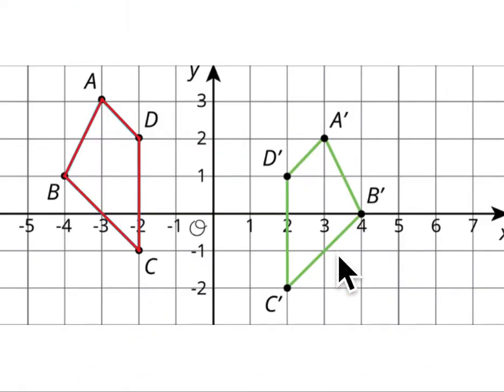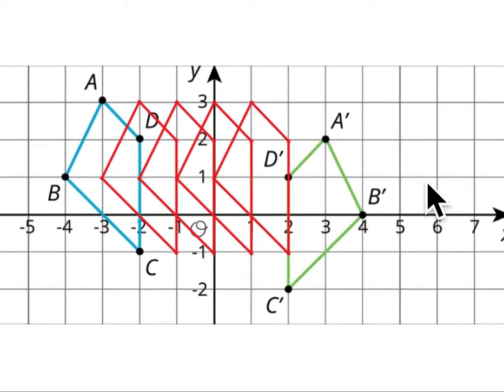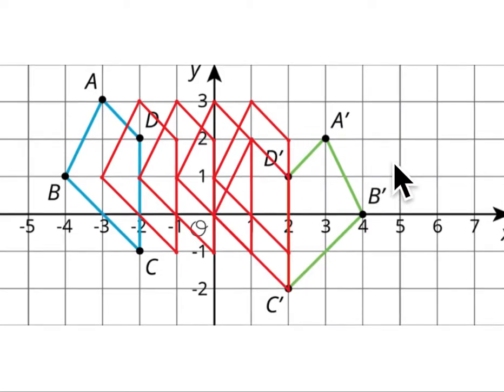All right, so now we're supposed to describe a sequence of transformations that moves A, B, C, D to its prime values, A prime, B prime, C prime, D prime. And so if you look long enough, you can see, first of all, it's a translation. So translate 1, 2, 3, 4 over, and 1 down, it looks like. Translate 1 down.